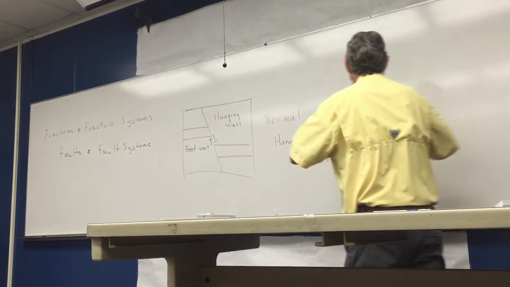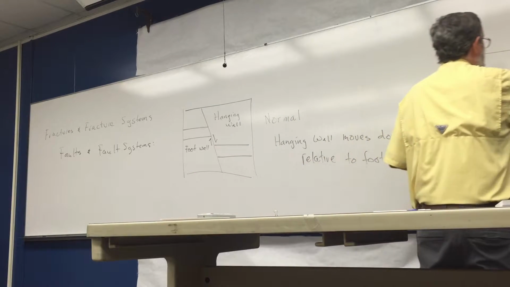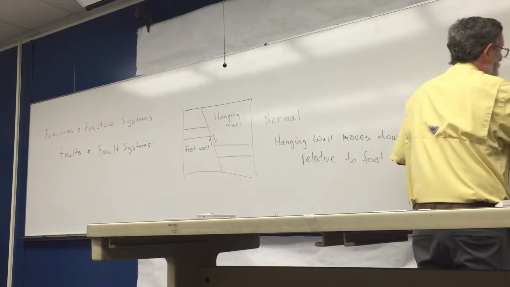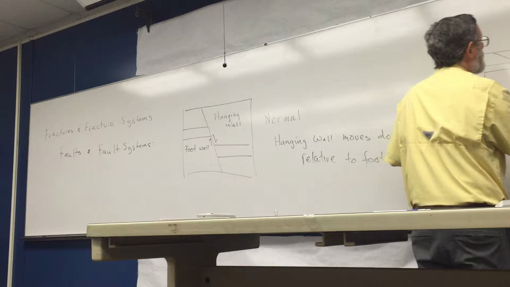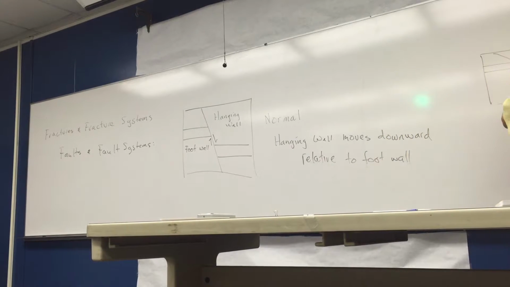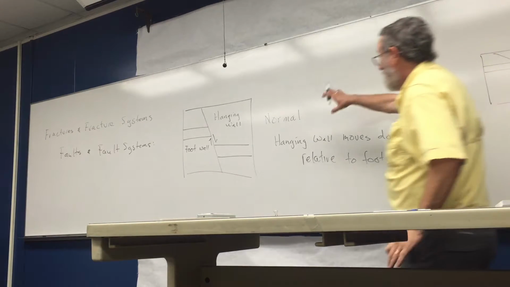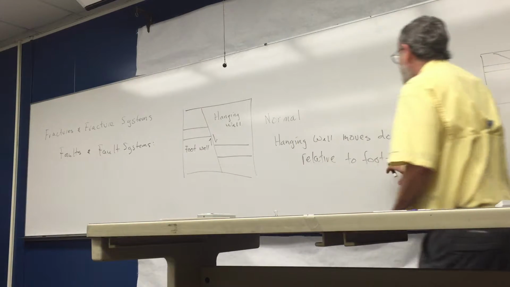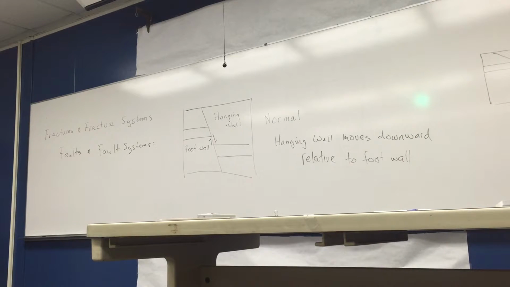It might be easier if we think about having a very low angle fault like this. This is the block above the fault plane. From this perspective, this is the block beneath the fault plane. So in a normal fault, the hanging wall moves downward relative to the foot wall of the fault.